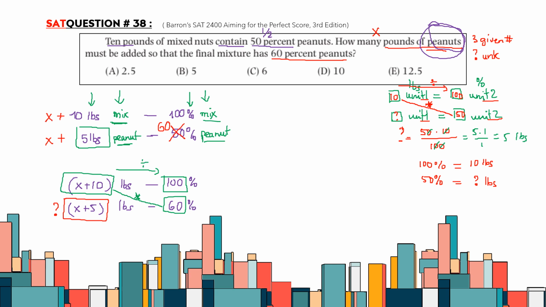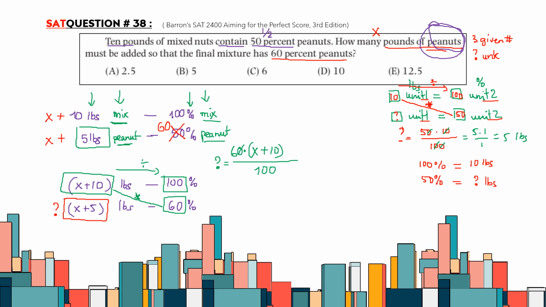So I will have X plus 10 times 60, and that equals the question mark, then we divide by 100. So 60 times (X plus 10) divided by 100.